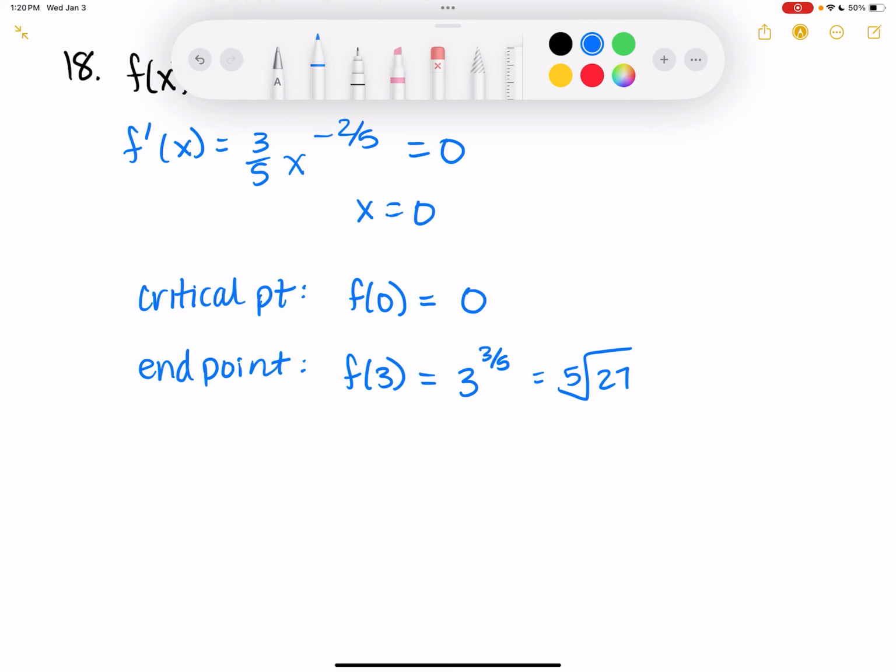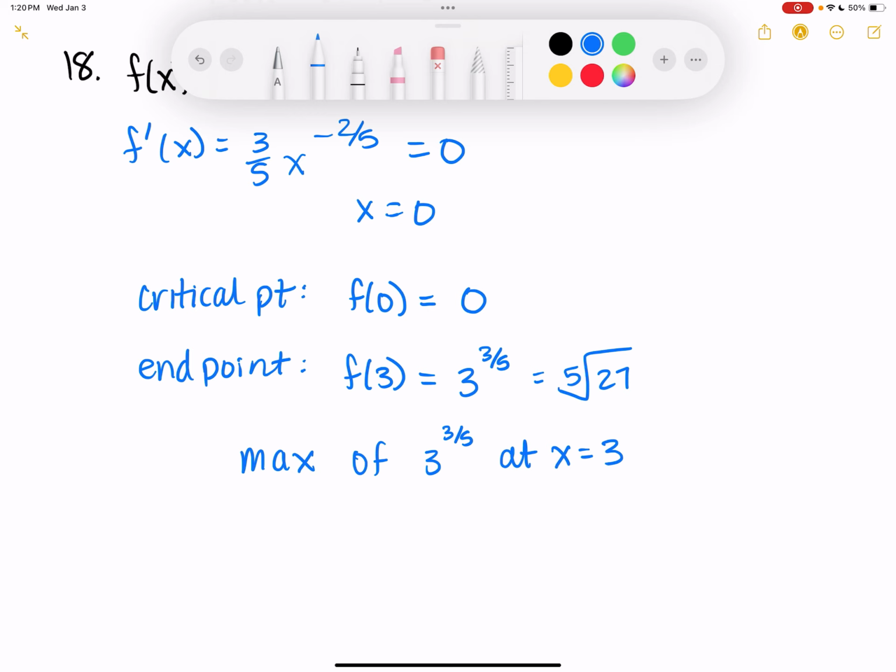Even if they're saying we don't include that, we still know this is a max because it's bigger than that value. So we're going to have a max value of 3 to the 3/5 at x equals 3.